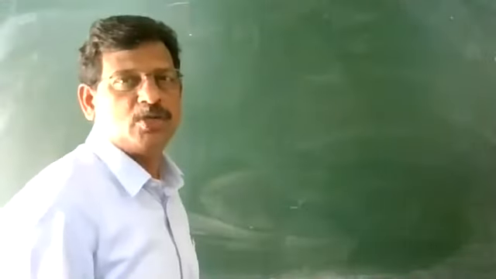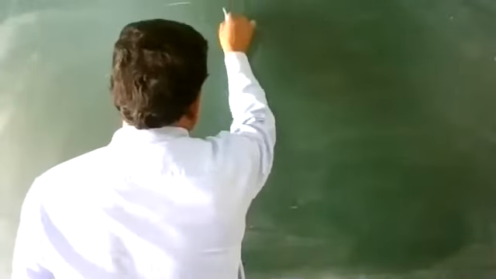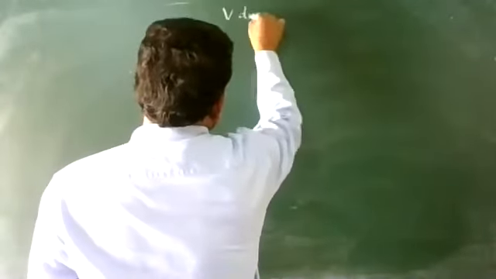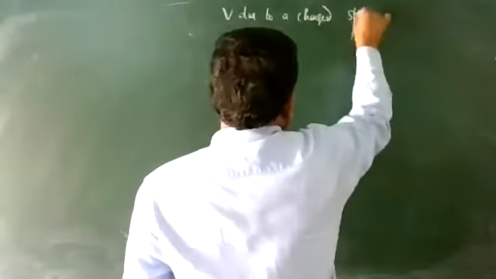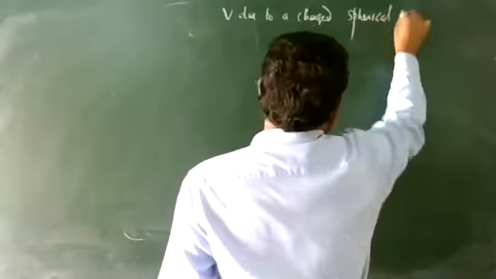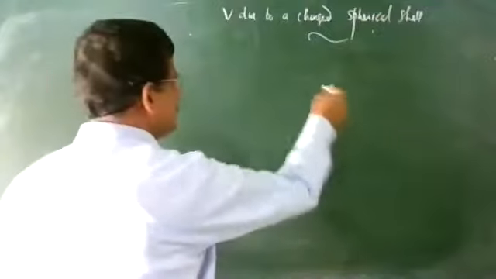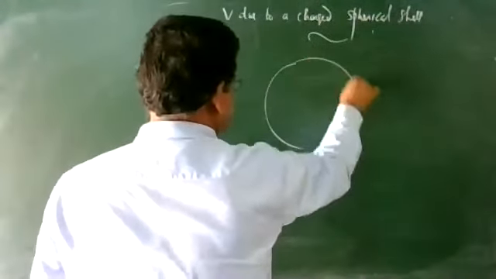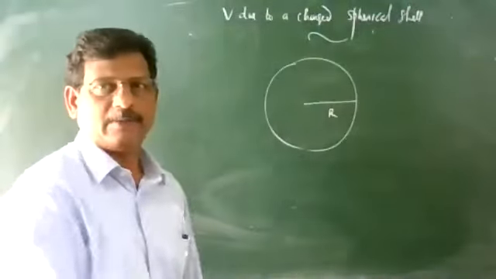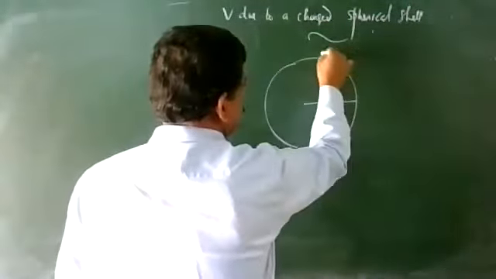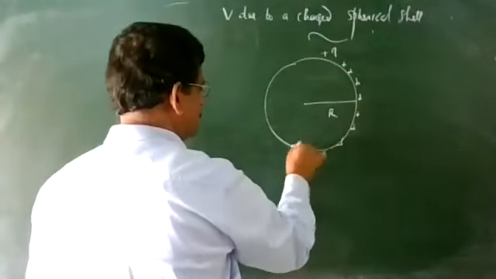Next is potential due to a charged spherical shell. Very important. We consider a spherical shell of radius capital R. Say a plus Q charge is given to it, which will be on its surface.